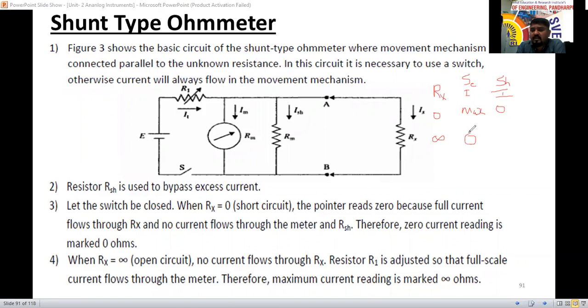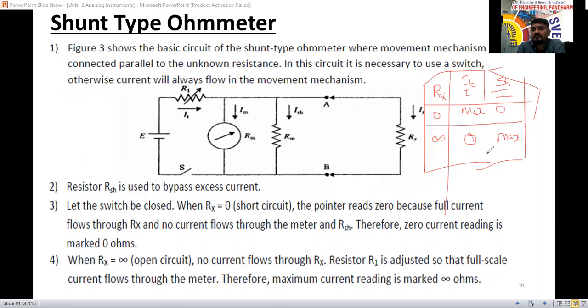Then what about the shunt type ohmmeter? Maximum. So you have to remember this table, one-mark questions will come, and you have to give the answer based on that. You can practice it. For Rx, for the shunt type and series type, you can use this to see how each operates.